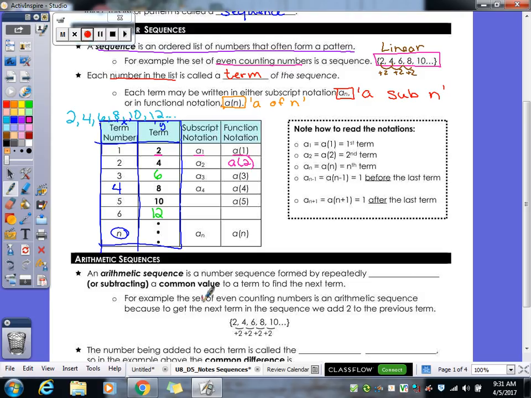Those are the same thing there. That means you're looking at your second term. A sub 3 is my third term. A sub 4 is my fourth term. So my fifth term would be a sub 5. My sixth term would be a sub 6 or a of 6.